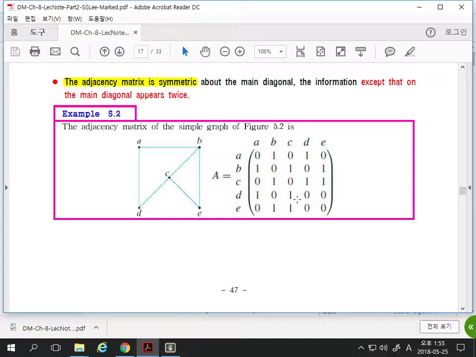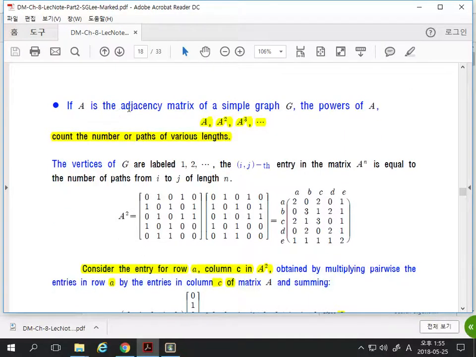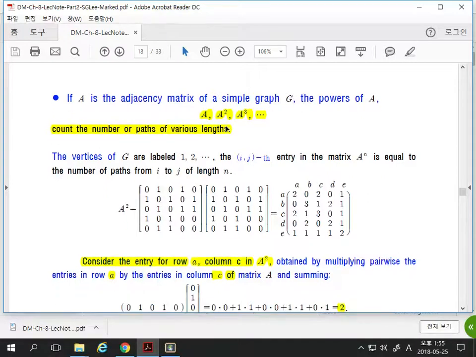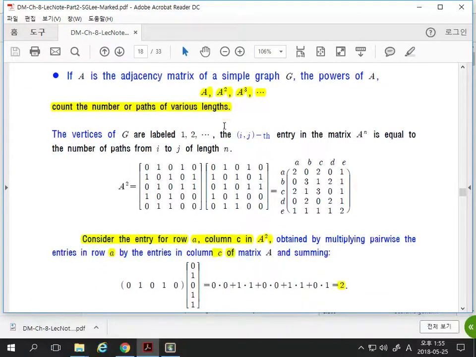That's how matrix knowledge can be used to understand the properties of the graph. So, if A is the adjacency matrix of a simple graph G, then we can think of the powers of matrices and count the number of paths of various lengths.